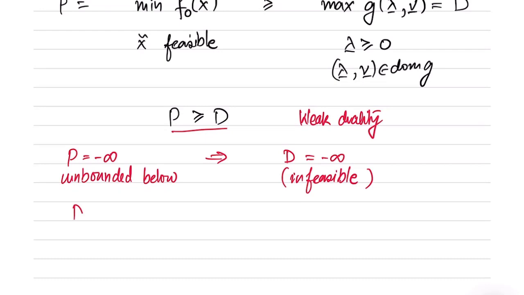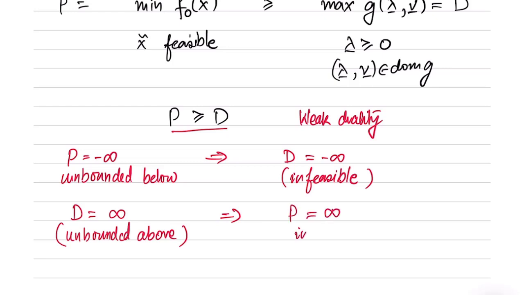And likewise, if you have d equal to infinity, which is the opposite, which means that the dual problem is unbounded above, right? Because it is a maximization problem, so it could be unbounded above. It would imply that p is greater than or equal to infinity, which means that p is also infinity.